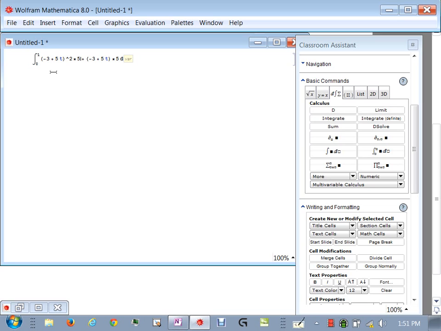The other one was just -5. dt. -5/6. If I typed it in all correctly there, it looks okay.